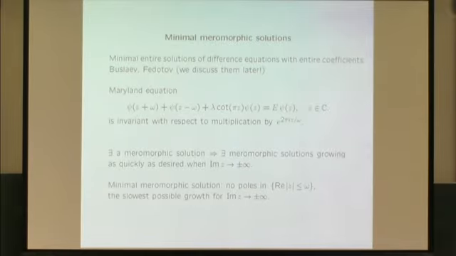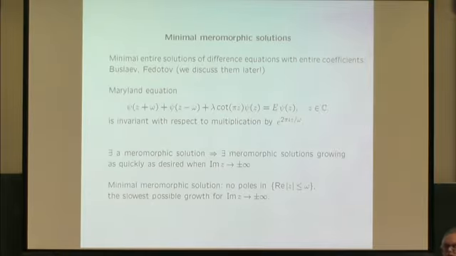This observation leads immediately to the question whether one can construct a minimal meromorphic solution. We believe that all the solutions are meromorphic, as the coefficient cotangent is meromorphic. And can one produce every solution from the minimal one by linear combinations of translates? Wait a minute. To describe a minimal meromorphic solution, we have to impose a condition on the set of poles of this solution.